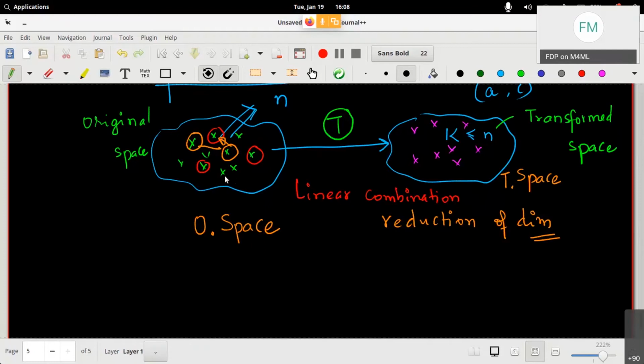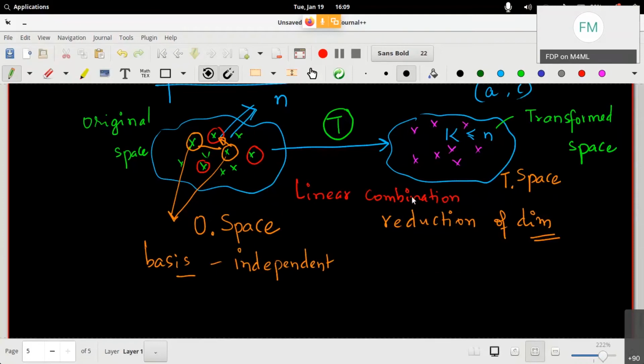So I could now say that I need only these vectors, and these vectors are called the basis. And when I say basis, they are independent vectors. When you do a transformation of these, a map from one space to another space, you should be able to get the solution.